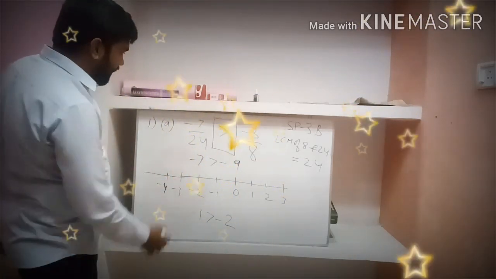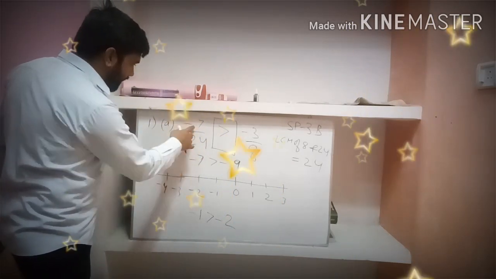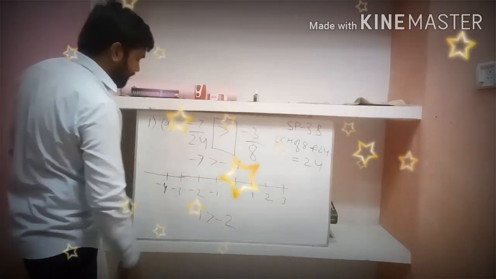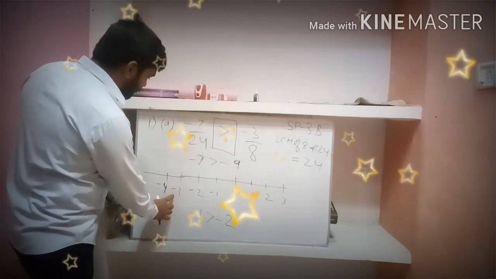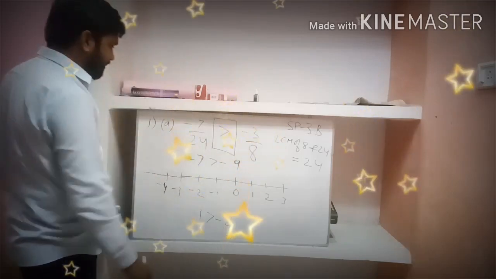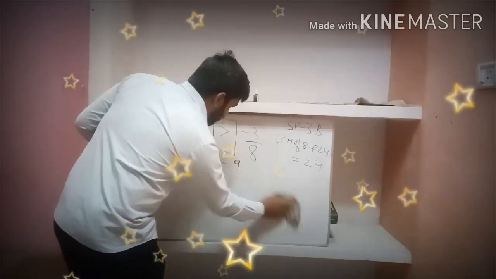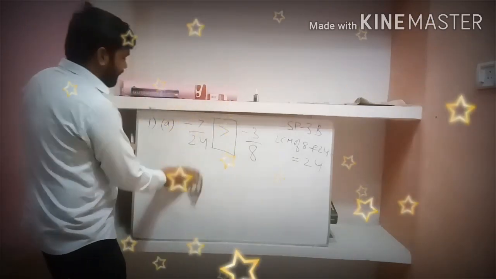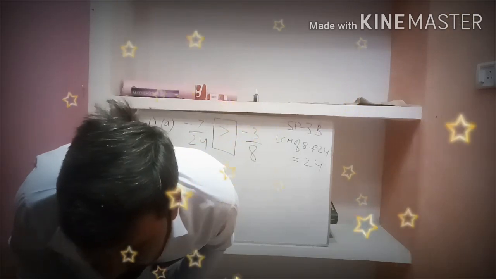So minus 7 is on the right of minus 9. Minus 2 is on the right of minus 3, so minus 2 is greater than minus 3. That is the reason. Okay. So like this you have to do the comparison. Now the next comparison you see.